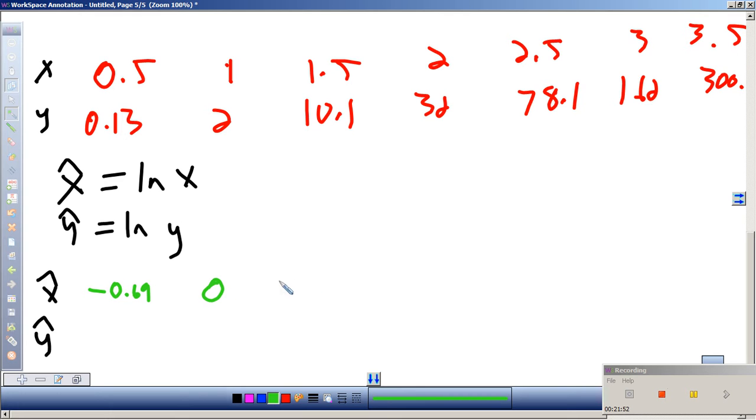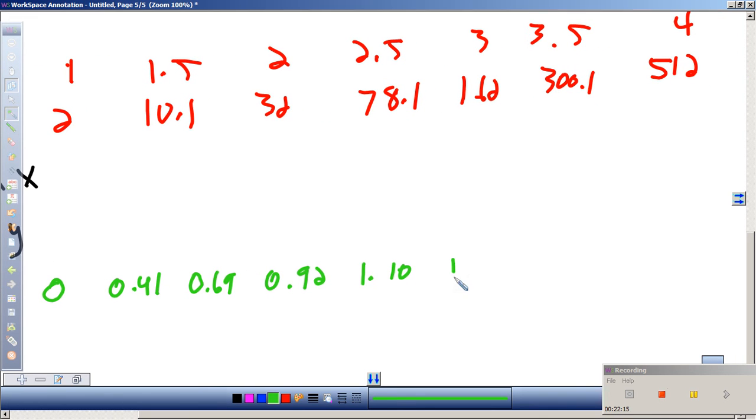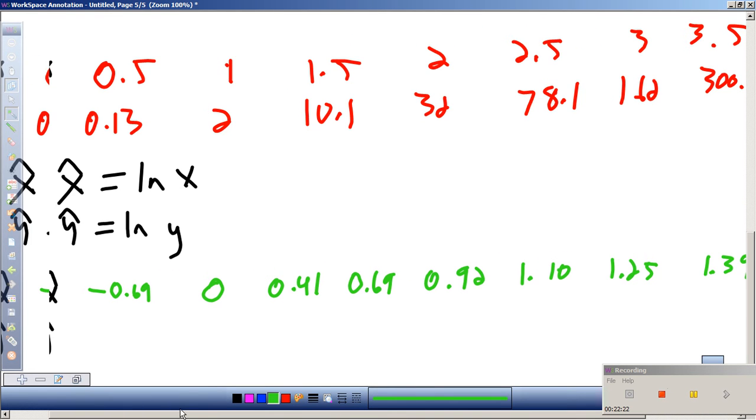Natural log of 1.5: 0.41. Okay. 2: 0.69. 2.5: 0.92. 3: 1.10. 3.5: 1.25. 4: 1.39. Okay, so now we're going to do y hat.